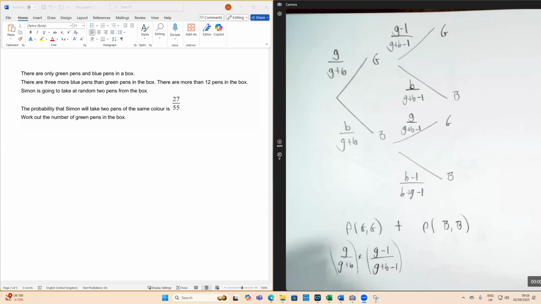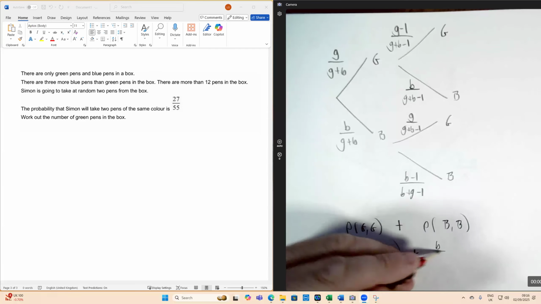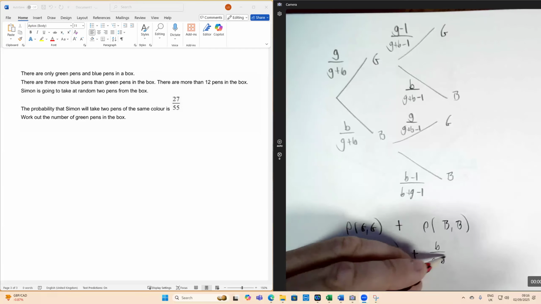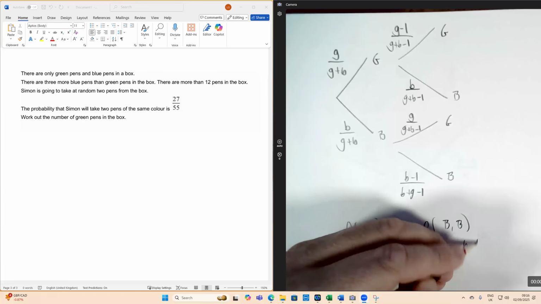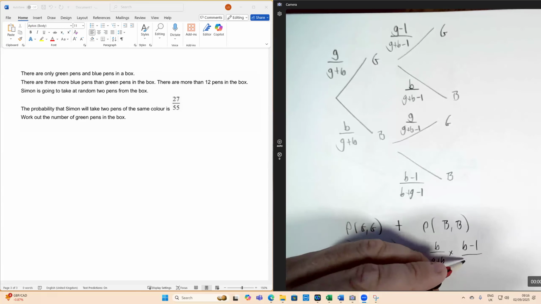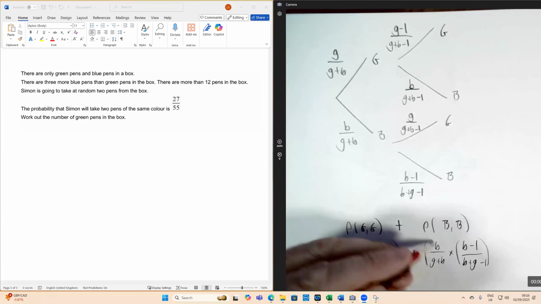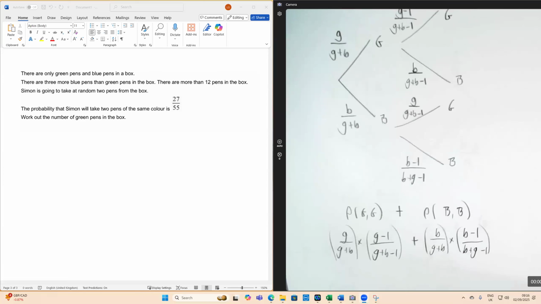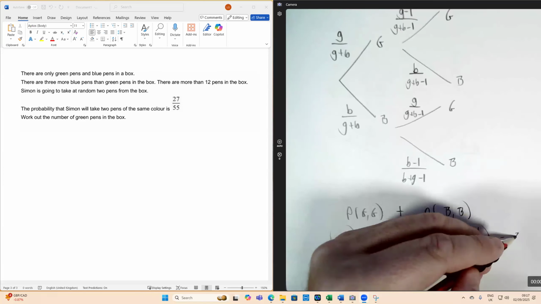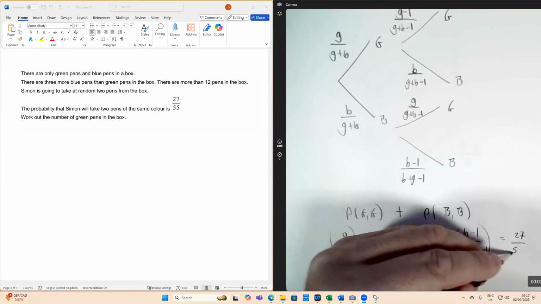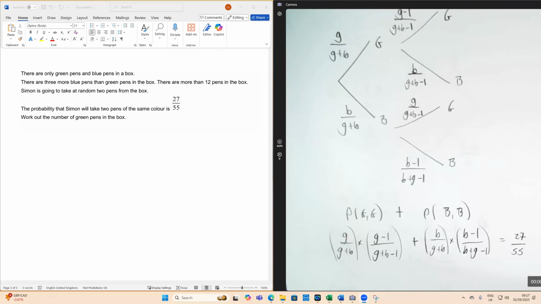That's our probability of green green. And our probability of blue blue is B over G plus B times B minus 1 over B plus G minus 1. Okay, so that's our probability of them. And when we add this together, this comes to 27/55, our probability of them both being the same color. So that's fine. We're getting there now.